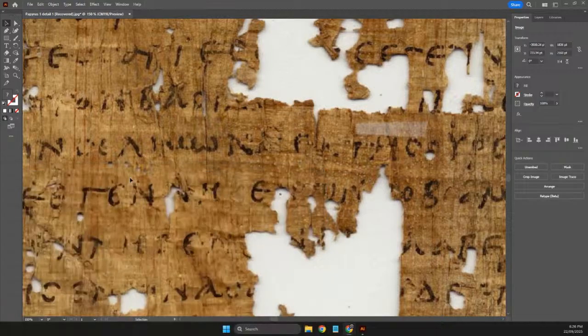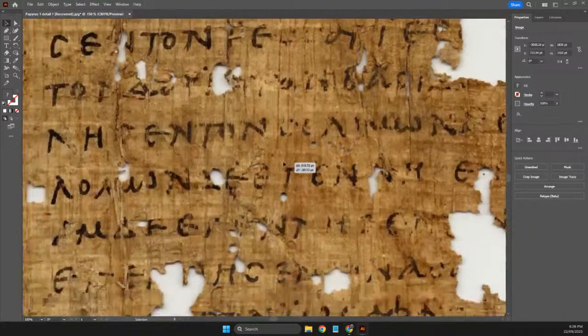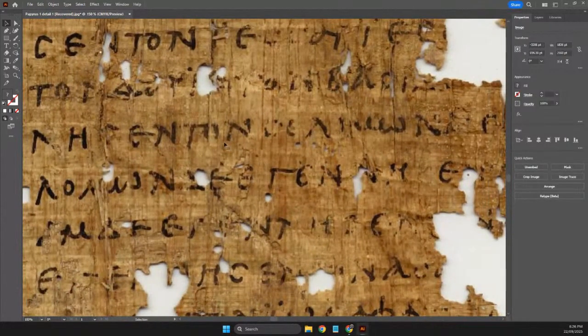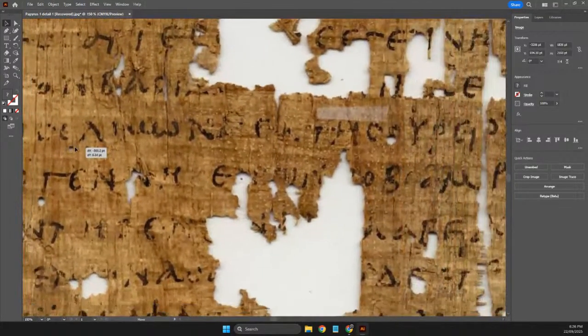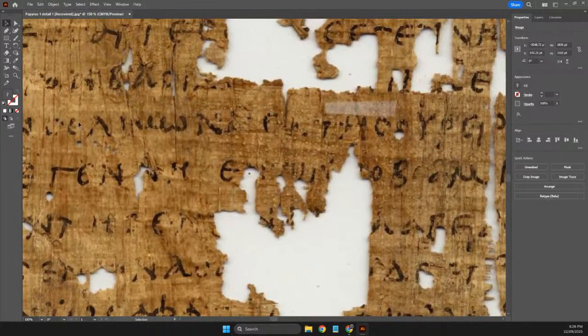Okay, I'm going to have to go back a little bit. Okay, again a sen ton, and then that's starting there at the sigma. Sigma, and then it says that that's an omicron. It doesn't look like an omicron, but that's fine.